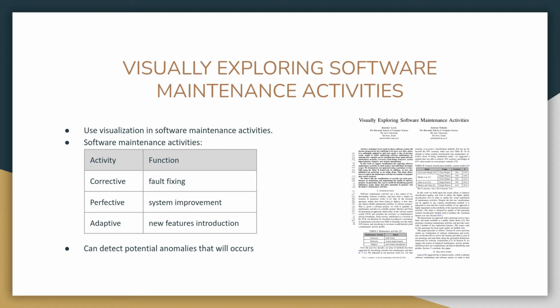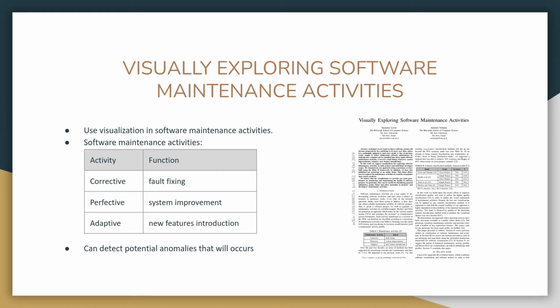In the past, the array method was used to classify commits into maintenance activity. This makes it difficult to extract information from the array because it is not visualized.